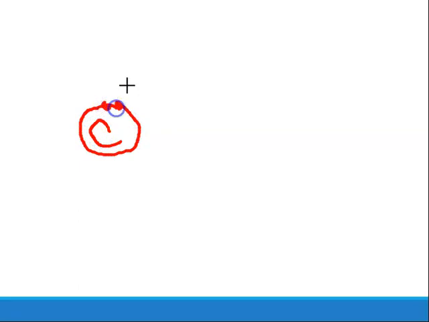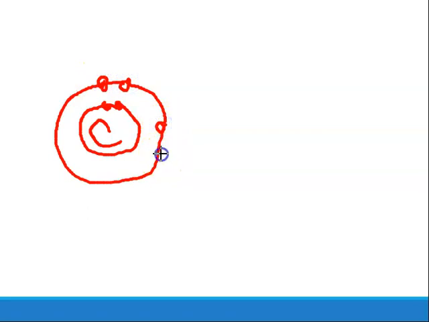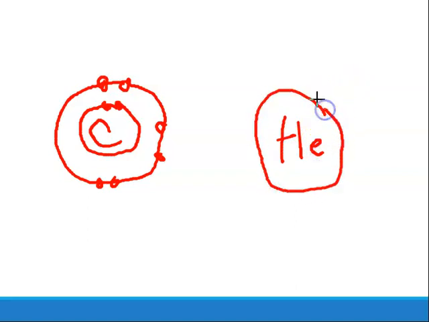So again, we have 2 in the innermost, and then 6 in the next orbital. And then we have helium that has atomic number of 2, so 2 protons, meaning there are 2 electrons. And the first orbital, we can say, is full because it has 2 electrons exactly.